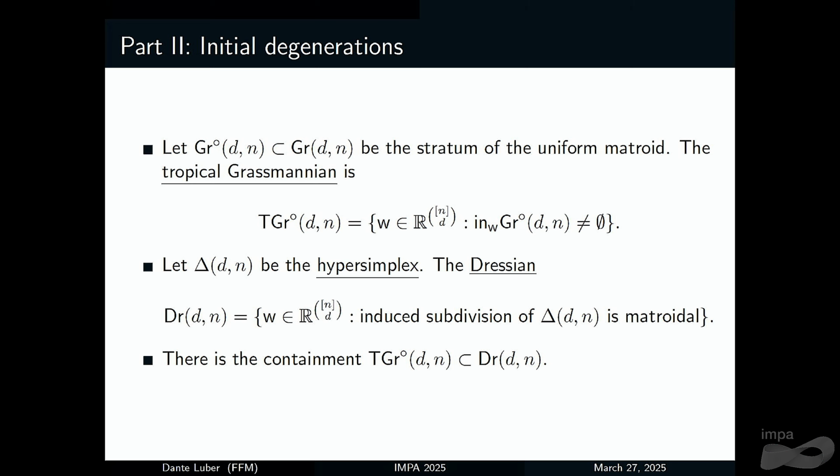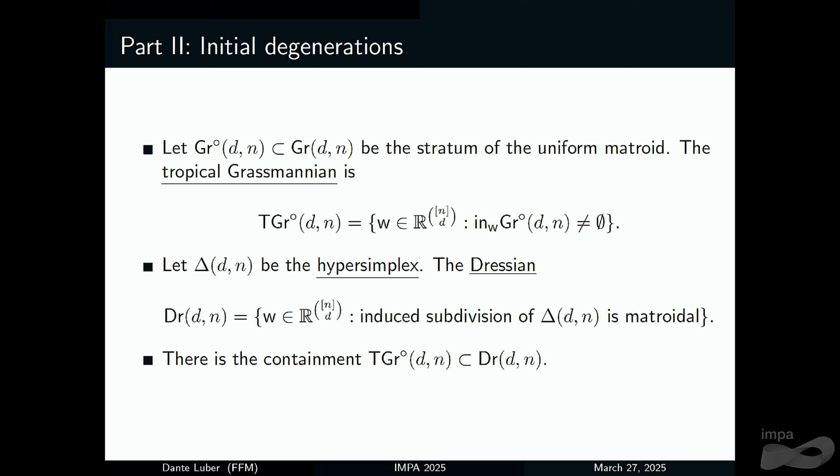Okay. And we've also seen matroid subdivisions of hypersimplices, right? So the Dressian is the subfan of the secondary fan of the hypersimplex that induces matroid subdivisions, subdivisions of the hypersimplex into matroid polytopes.